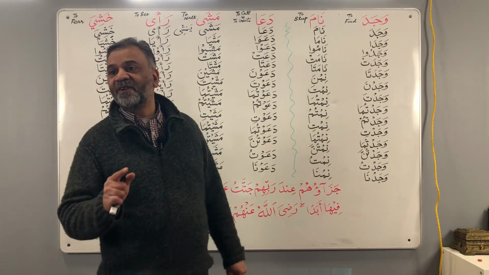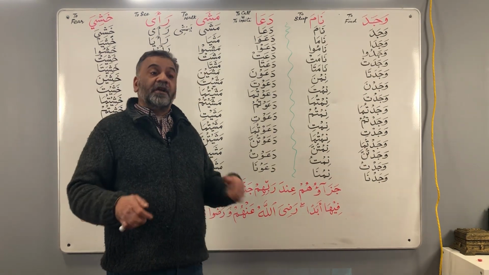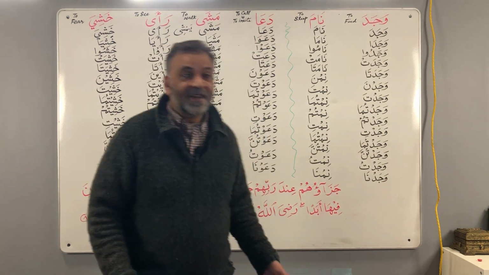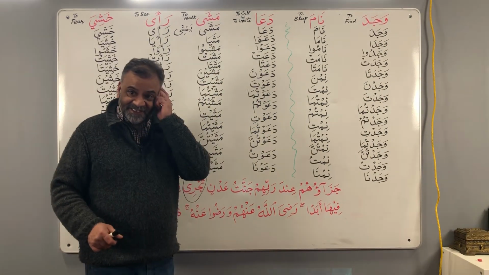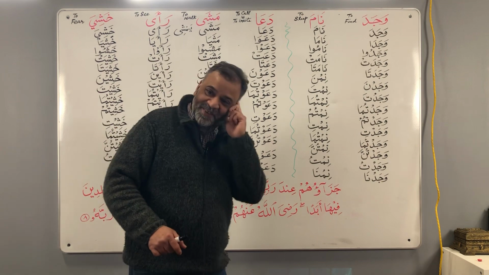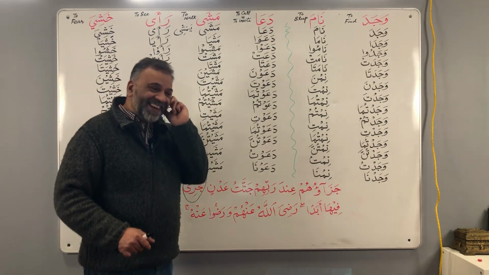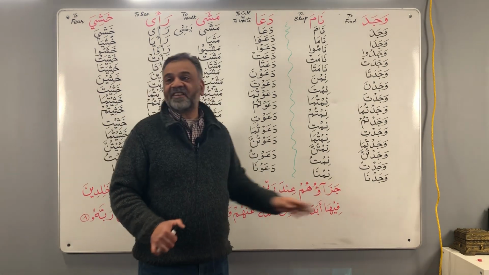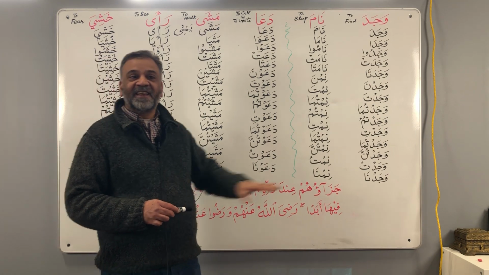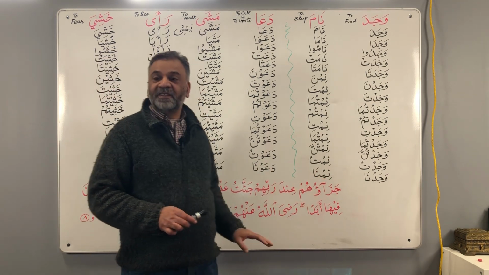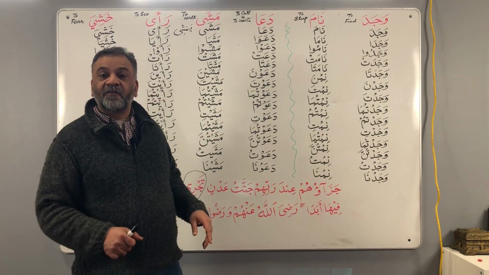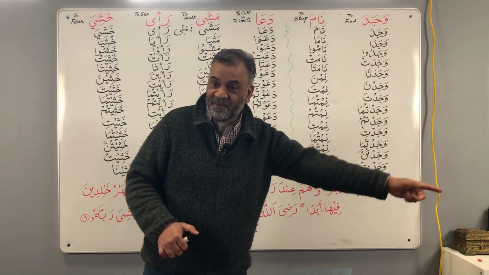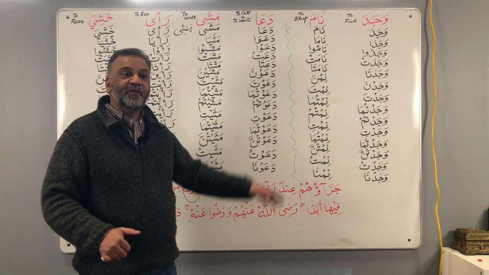For them, whom, jaza for whom? See, this is jaza'uhum, right? So the verb is jaza, jaza'u, fa'il, for whom? For them. So whom is your maf'ul bihi.